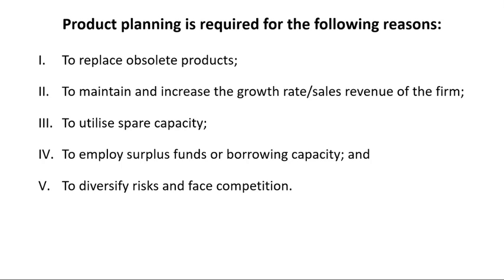Then to utilize spare capacity, that is, maybe raw material or extra machineries or extra people are there in the company. To make use of the human resource or the physical resources, the company can plan a new product. To employ surplus funds or borrowing capacity, that is to use its excess money or fund or capacity, maybe building or machinery.